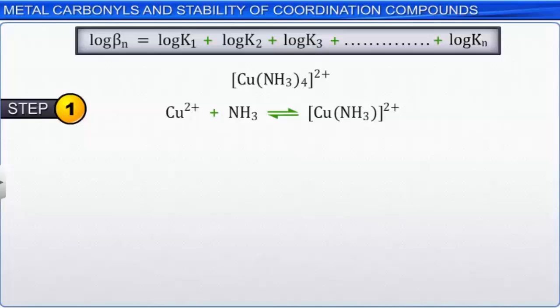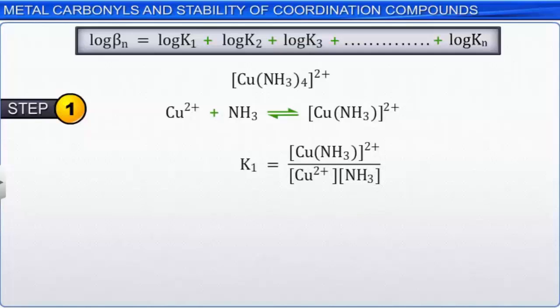The experimentally determined value of the stability constant for this step is 1.78 multiplied by 10 raised to the power of 4. When quoted in log scale, its value is 4.25.